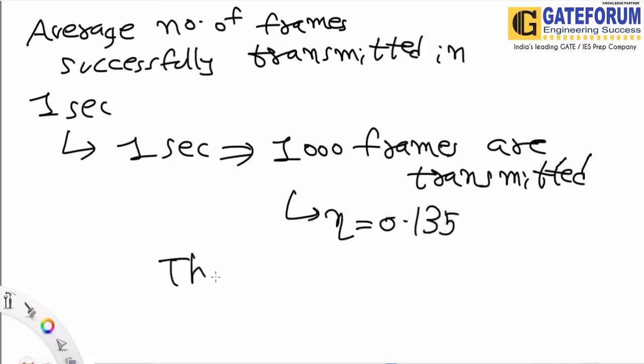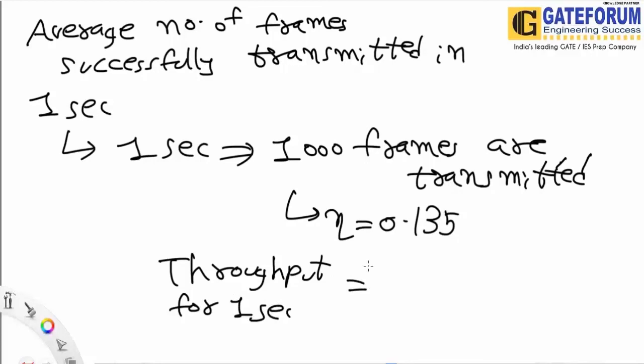So the throughput for 1 second would be equal to 0.135 into 1000, which would be 135.